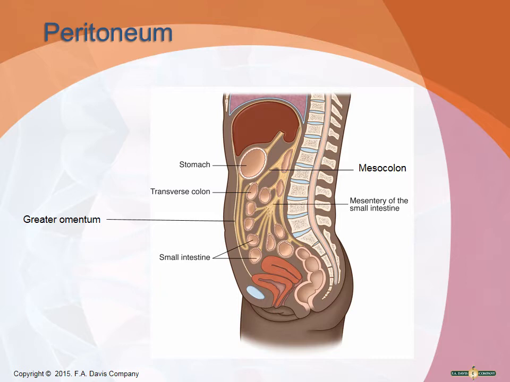This is a sagittal view, and we're looking at this hollowness of the stomach, and then the different parts of the colon, which we'll talk about when we get there.